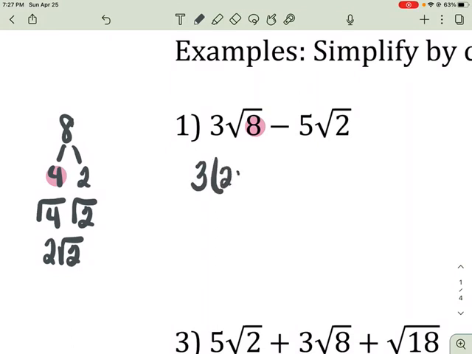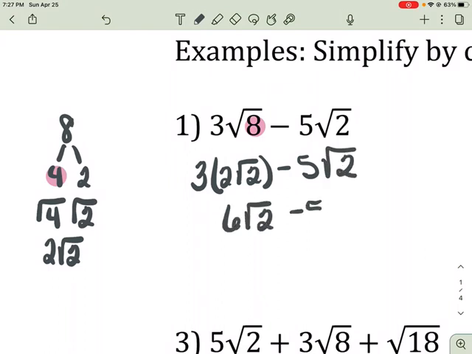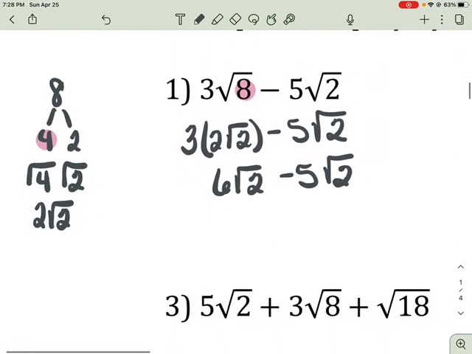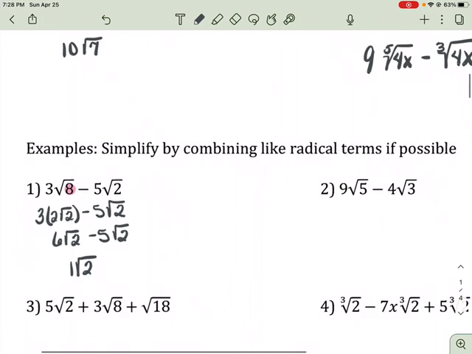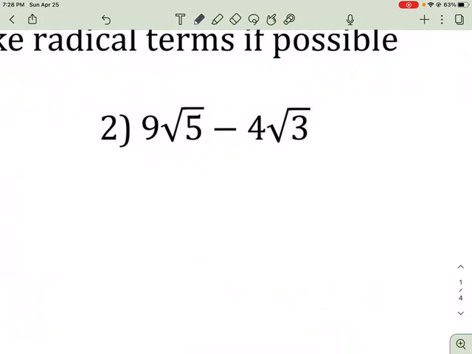All right, so we have 3 times 2 square roots of 2, minus 5 square roots of 2. Or 6 square roots of 2 minus 5 square roots of 2, because I'm going to multiply the 3 and the 2, and we're going to get 1 square root of 2, or you can just write it as the square root of 2.